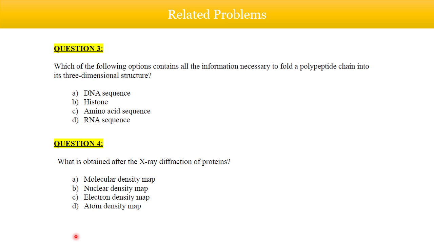What is obtained after X-ray diffraction of proteins? Molecular density map, nuclear density map, electron density map, atom density map. It's the very basics of X-ray diffraction. So what map do you get from an X-ray diffraction? C or D?